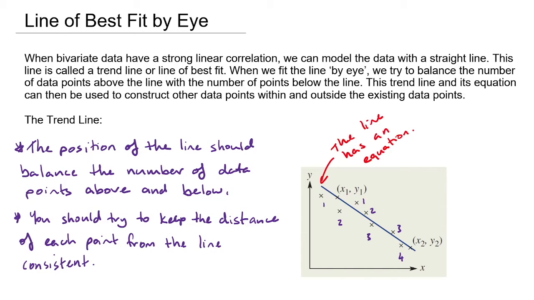So for our y equals mx plus b, which is a fairly standard form of a line in algebra, we can find the gradient, so m being the gradient, by using rise over run, or we can actually use the second y value minus the first y value, which gives us the rise, over the second x value minus the first x value, which gives us the run. So we can use either of those.